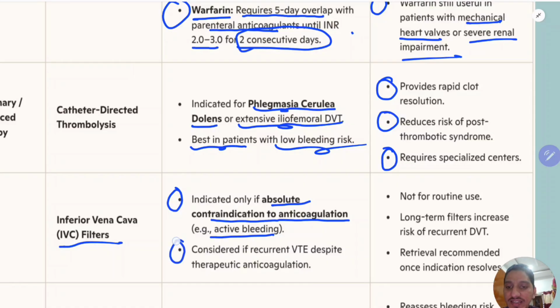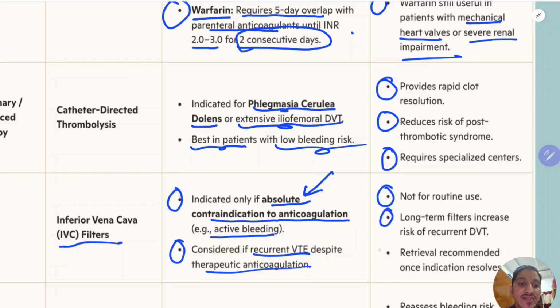This is considered in two situations. One is absolute contraindication to anticoagulation. Another is recurrent venous thromboembolism despite therapeutic anticoagulation. If the patient is developing VTE again and again, then also you will place IVC filters. This is not for routine use.